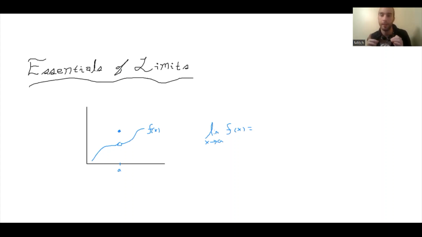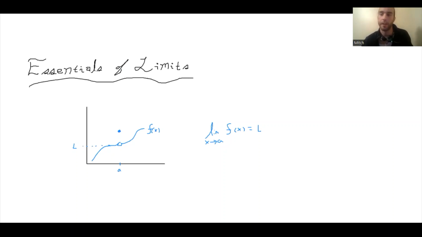As that input is getting close to that specific input, what's going on in the function. And so let's say for here, this hole is at point L. Well, then this limit is L. And the whole idea is that this function gets arbitrarily close to that point L as these x's get arbitrarily close to a. That's really what the whole idea of the limit is.